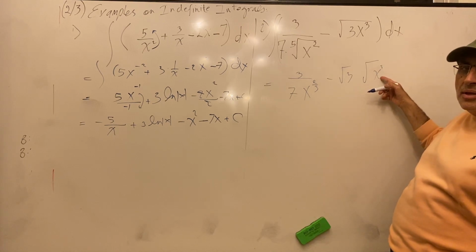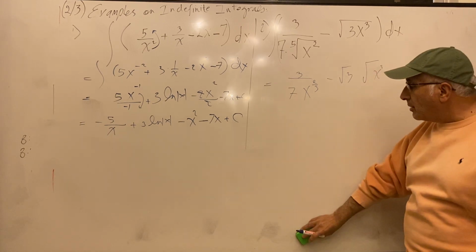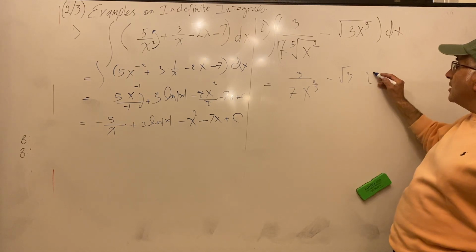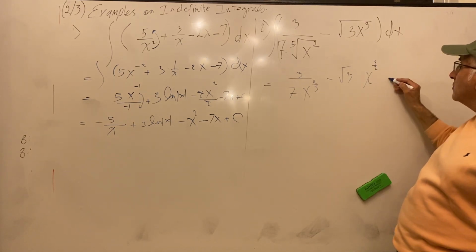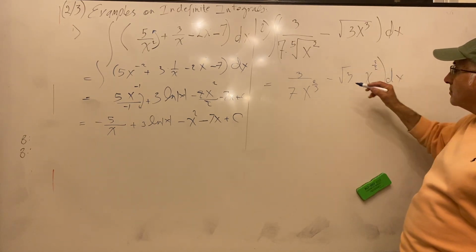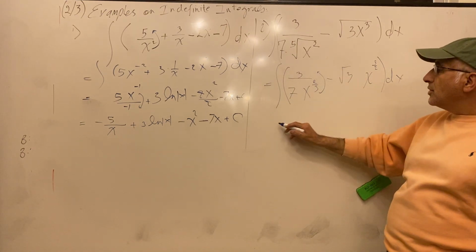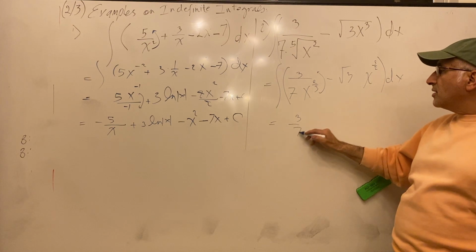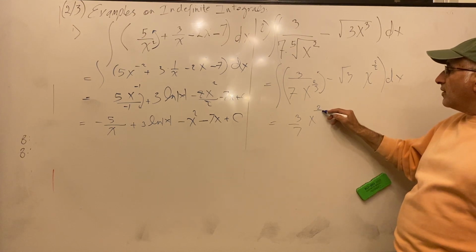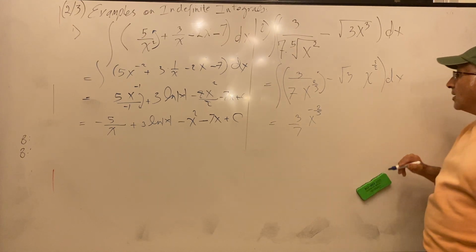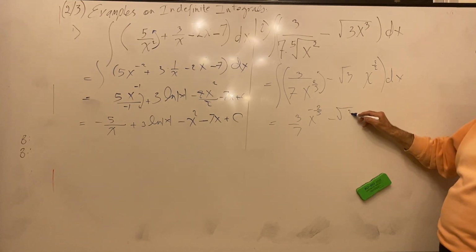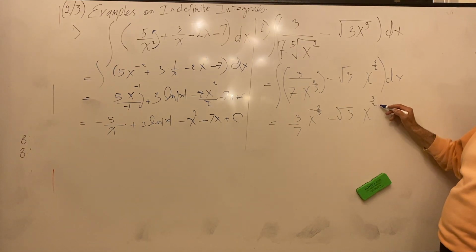And this means what? X power 3 over 2. So I can put it like that, x to the power 3 over 2, dx. Am I ready? Not yet. This has to go up. So 3 over 7, x to the power 2 over 5, but it's negative, and minus square root of 3, x to the power 3 over 2.